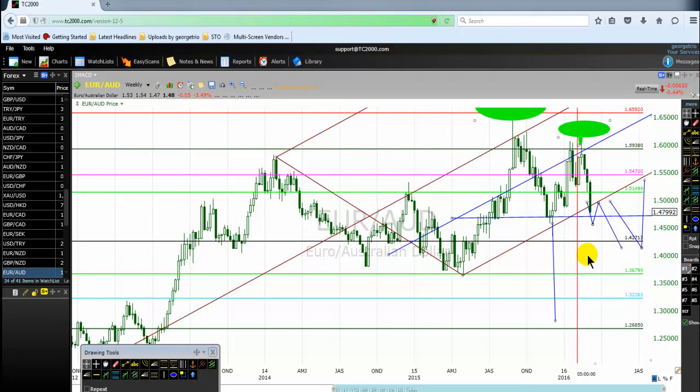This is a technical analysis of the euro Australian dollar chart, but we must also pay attention to the economy news at Forex Factory. Check the economy calendar at www.forexfactory.com for the whole week.